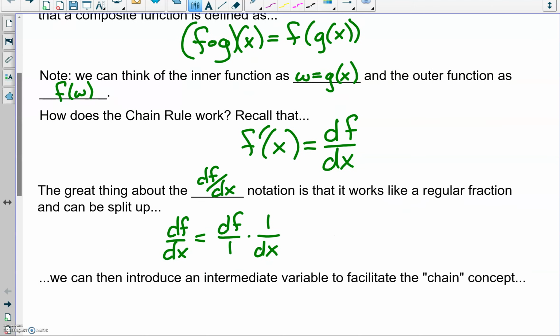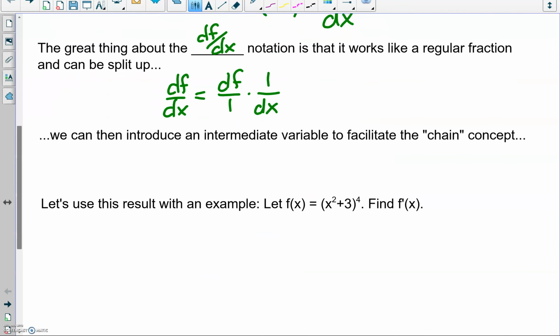Furthermore, we can introduce an intermediate variable to facilitate this chain concept, where you have the outer thing and the inner thing, and you're putting them together in a chain. I used w up above as my intermediate variable to represent that inside function. So df dx is actually equal to df dw times dw dx. And the dw's would cancel. You get back to the df dx. Again, very similar to how you work with regular fractions.